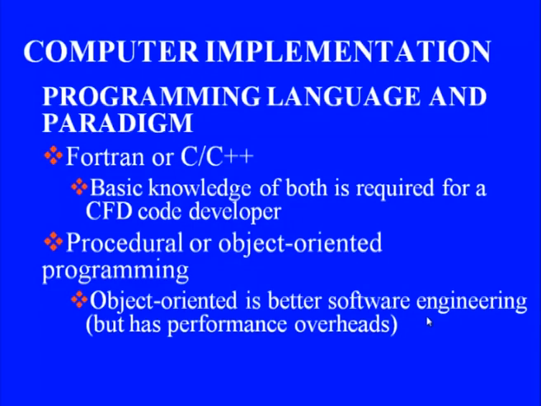Now, regarding procedural versus object oriented programming, I would like to make one small comment. Object oriented code provides better software engineering in the sense that the codes are easily modifiable and easily extensible, because you will work in terms of classes. New classes could be derived based on those classes without affecting the current implementation. That is why it is called better software engineering, but object orientation has severe performance overheads, and CFD applications are highly compute intensive.